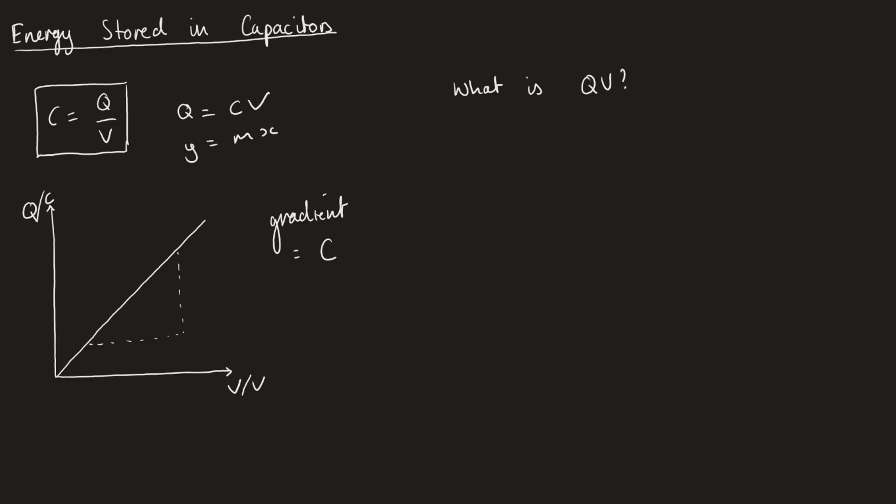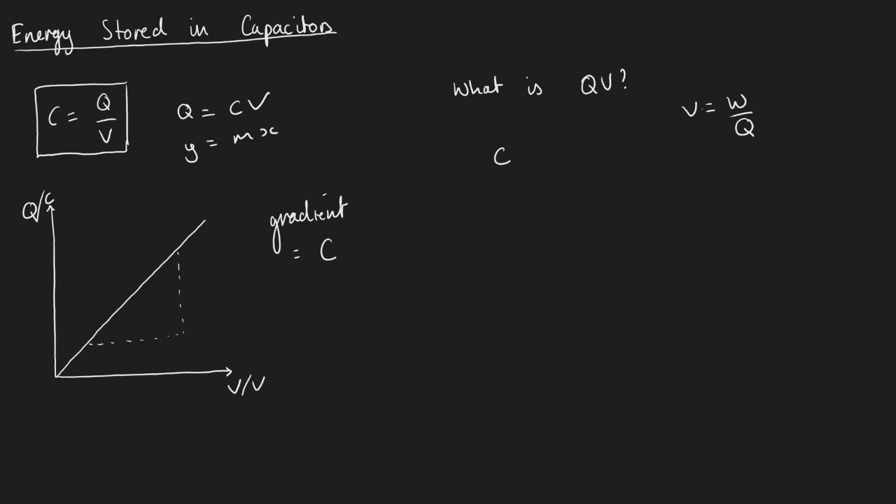So if we have an equation that is QV, Q is just a measure of charge, measured in coulombs. And we know voltage, or potential difference, we had a definition for, which was the work done per unit charge.